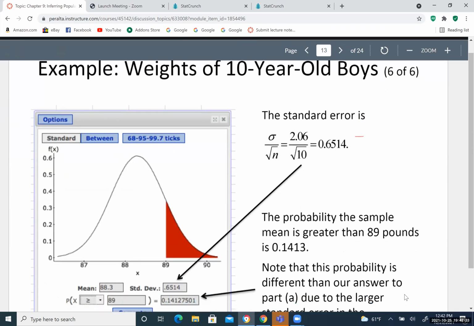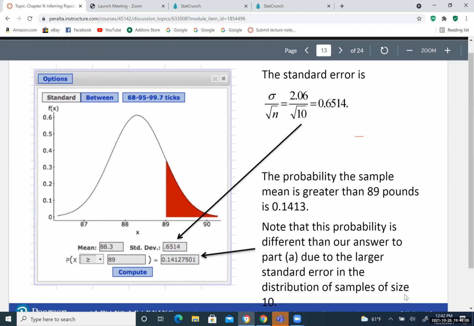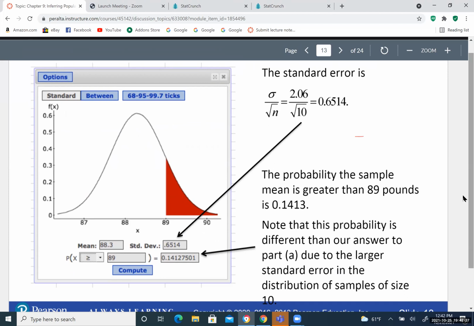Let's see part B. Part B has exactly similar steps. You compute this value out. You can see the probability is bigger, so the standard error is bigger. Plug it in, just similar things. Now you got 0.14127. This is the value of the probability.